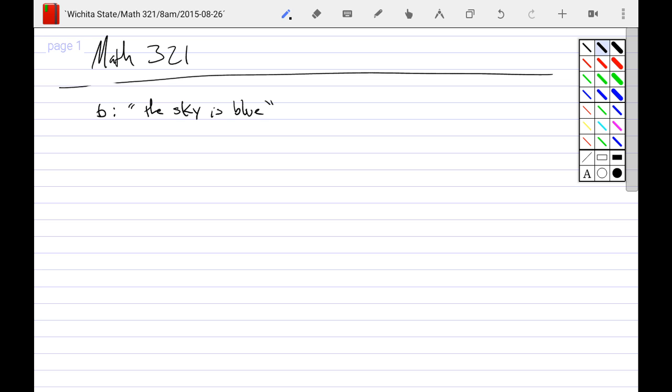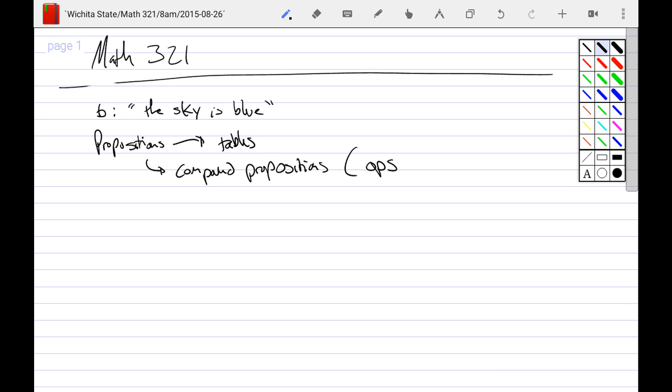So we should be able to do variables. We've done propositions, and from propositions we're able to go to tables, and we also have the idea of compound propositions, with the operations and order of operations.